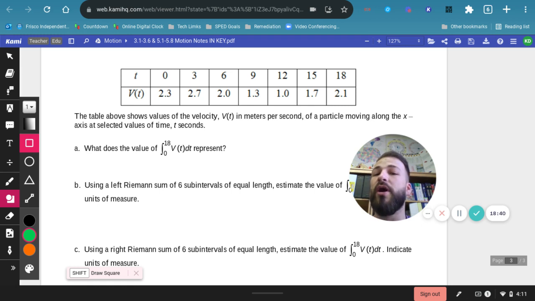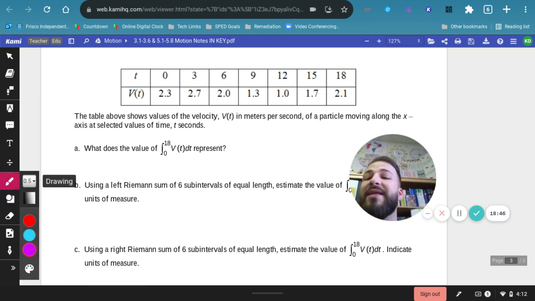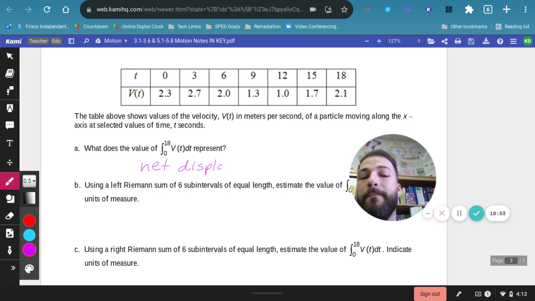We want to make sure we're honoring the question by checking for any units. In this case, our velocity is in meters per second. So we'd say that this would be the net displacement in meters, because we want to be specific to our problem.